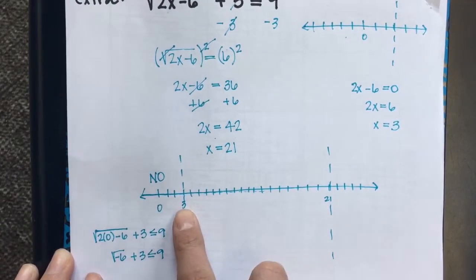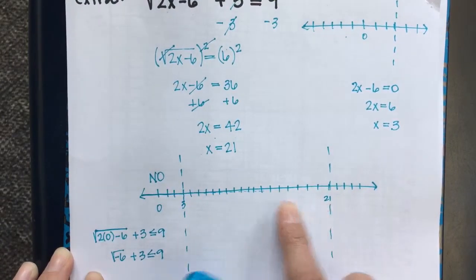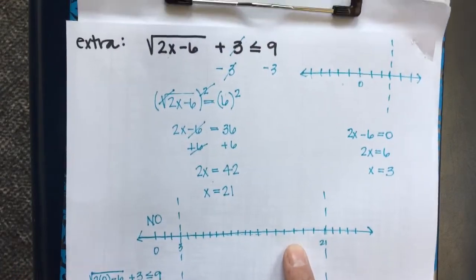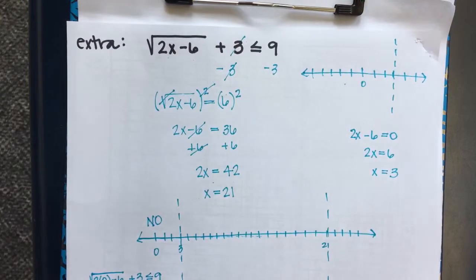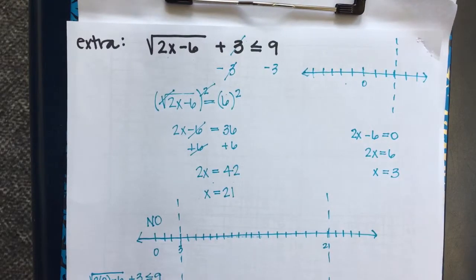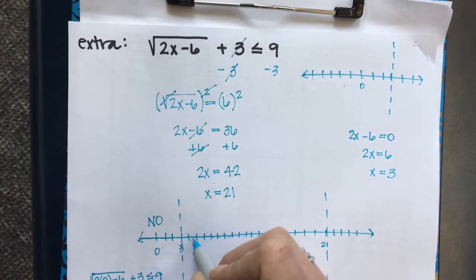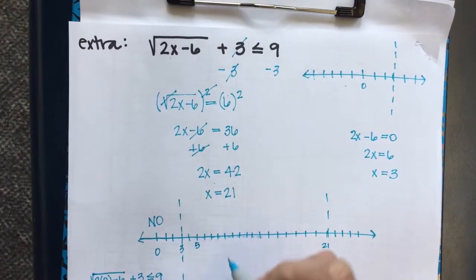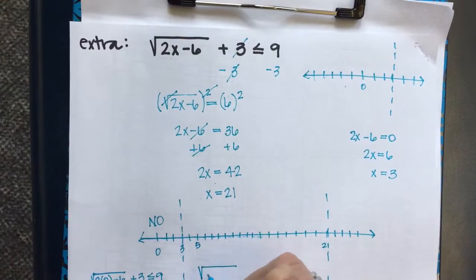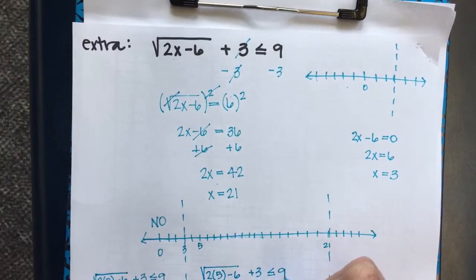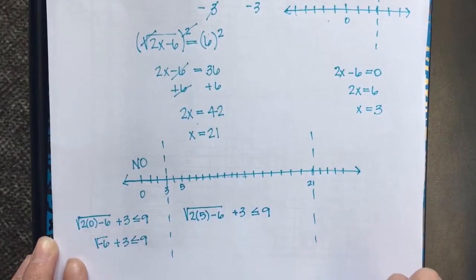So now I need to check from 3 to 21. I can pick any number in between 3 and 21 to plug into here. Let's put 5 in. 5 would be a good number. So remember, you can pick anything you want.